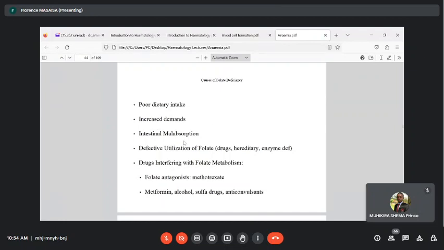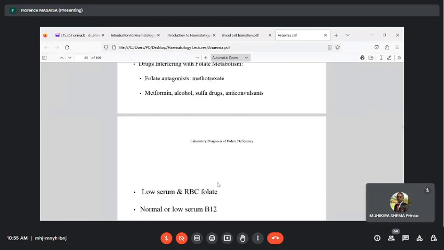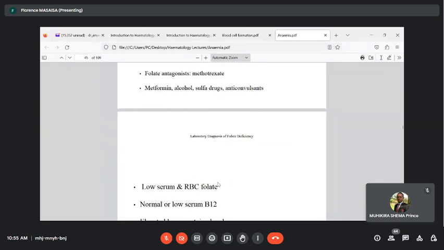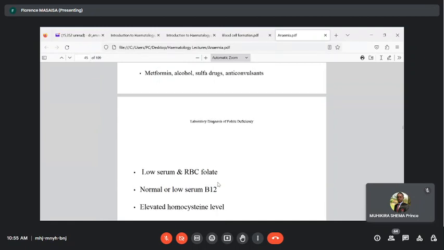You may also have intestinal malabsorption. We may also have defective utilization of folate in case of medication. We may also have folate antagonists, as with methotrexate, metformin, and so on. That's why when you are suspecting folic acid deficiency, you should also ask the patient about ongoing medication.